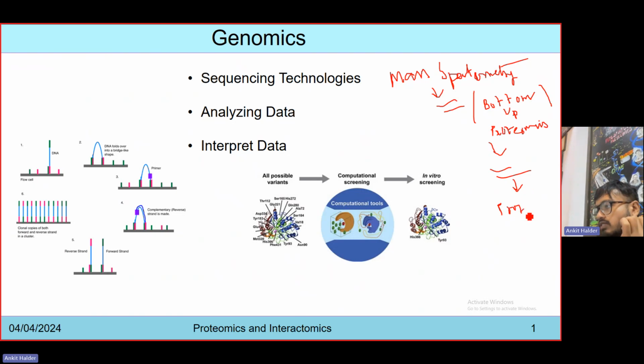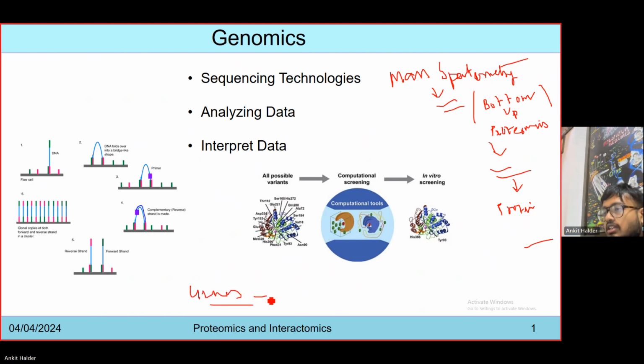So the major difference between the gene level task or the genomics technologies and the proteomics technologies is that the genes or genomes or DNAs can be amplified, right? So it can be amplified.